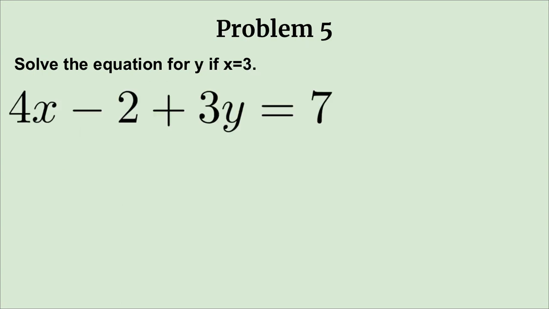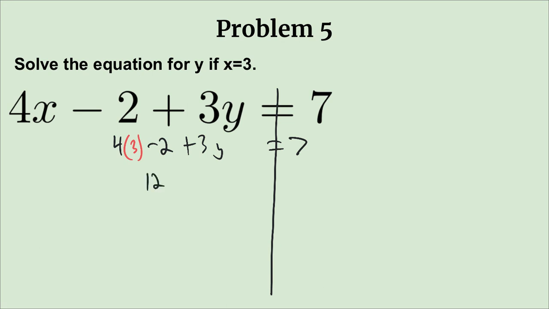And our last one here, we're plugging x equals 3 in for x. So we'll do 4, plug 3 in for the x, so we replace the x with the 3. So there's no more x now in this equation. Minus 2 plus 3y equals 7. So we'll simplify. We get 4 times 3 is 12, minus 2 plus 3y equals 7.